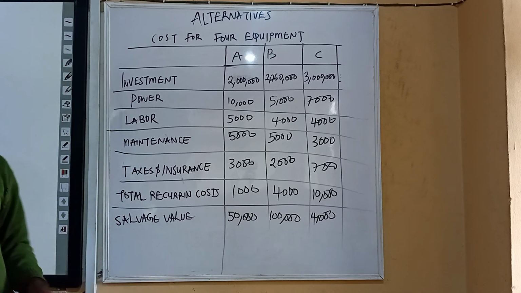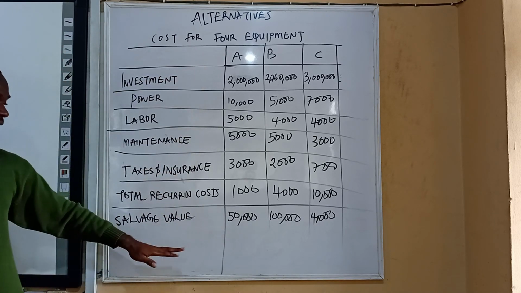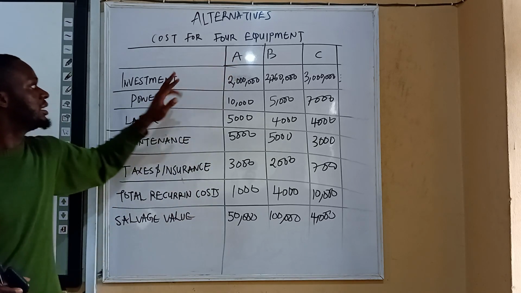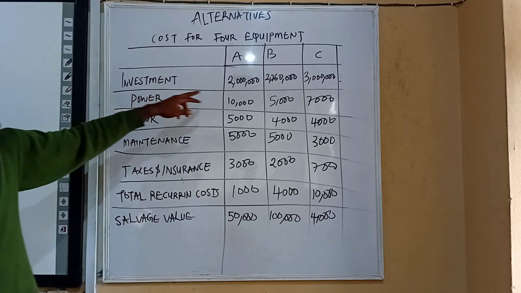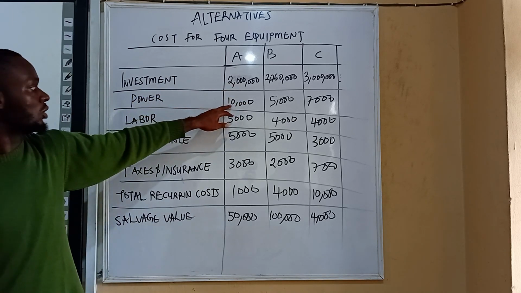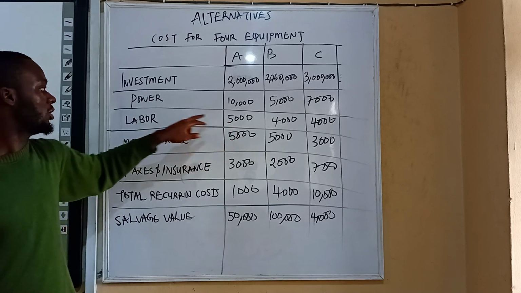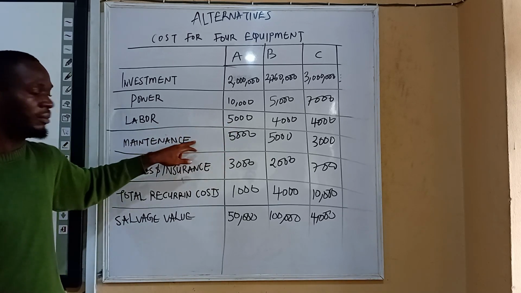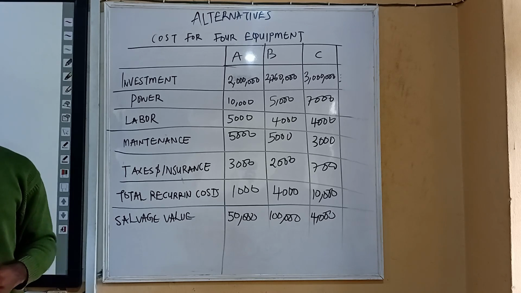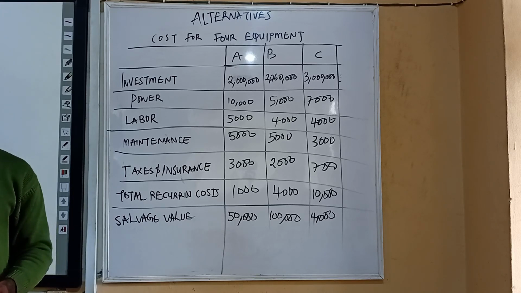You sell it, and the value you get after selling it is called the salvage value. Equipment A's initial cost, that's the investment, is 2 million naira. And every year you spend 10,000 on power, 5,000 on labor, maintenance, and all this. The company wants to know which equipment they are to pick.